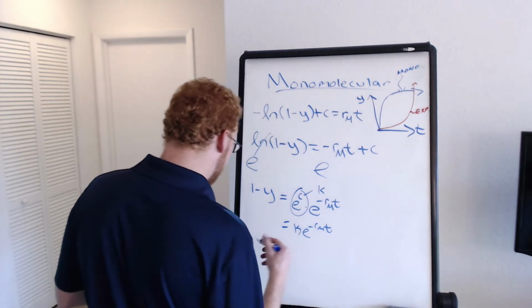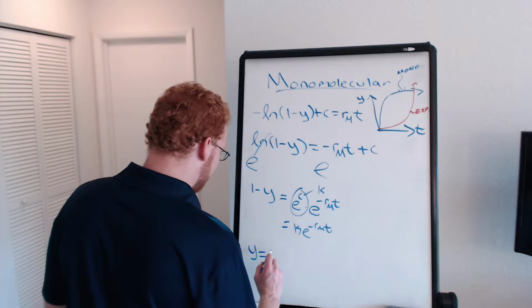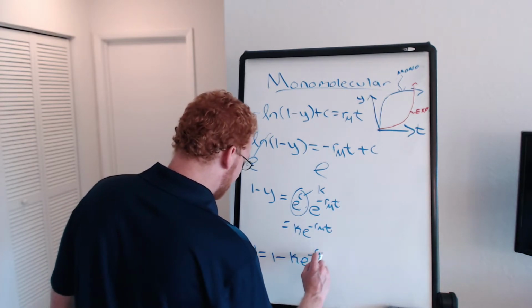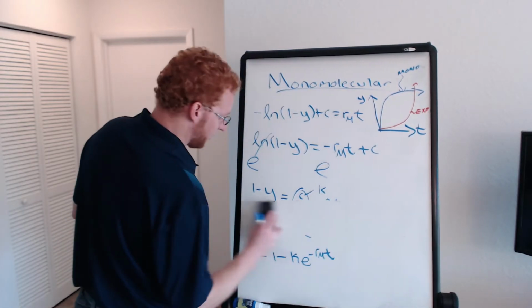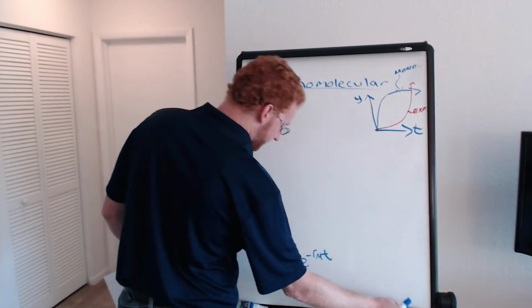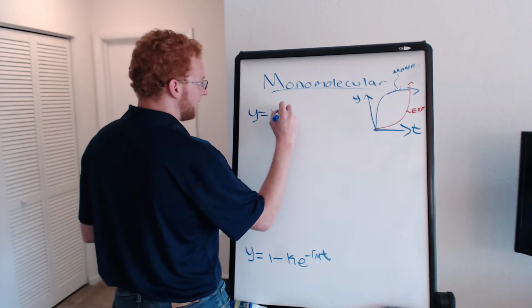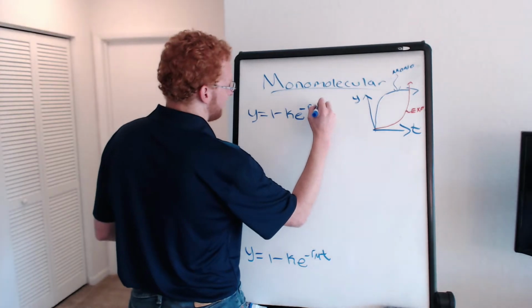Then solve for y. You get y is equal to 1 minus k e to the minus r sub m t.